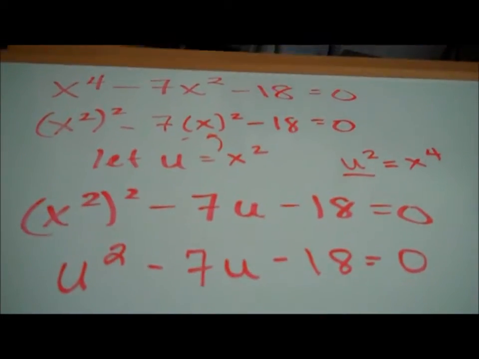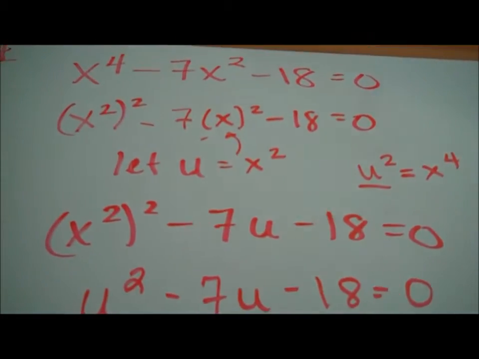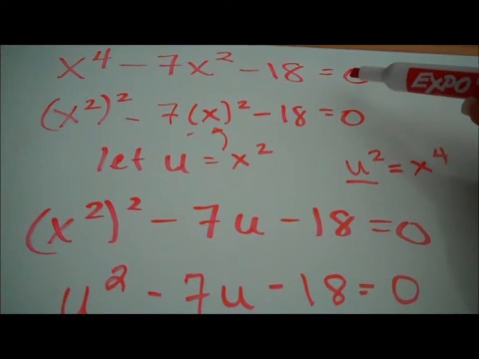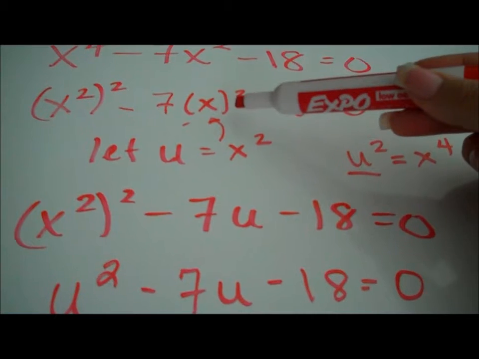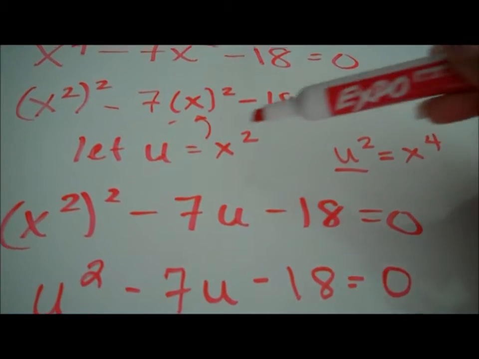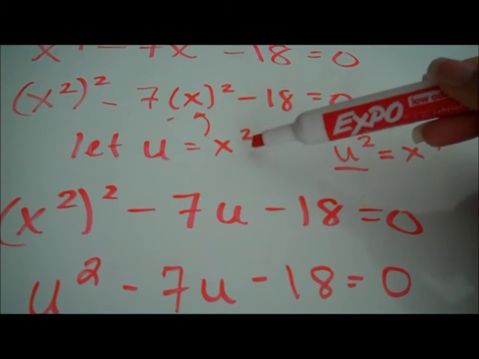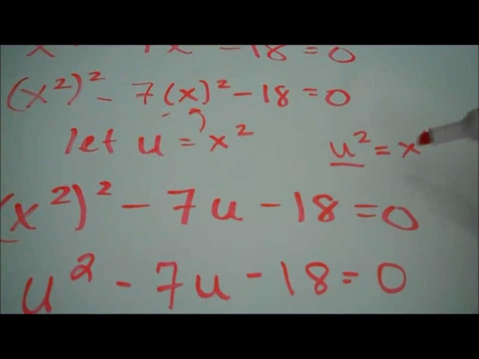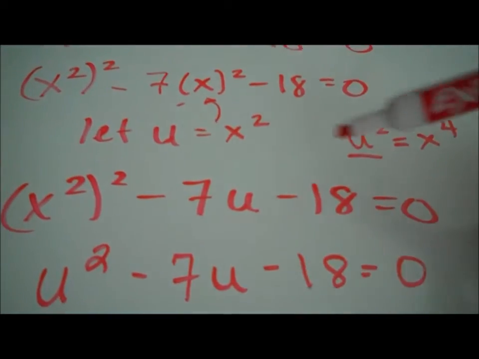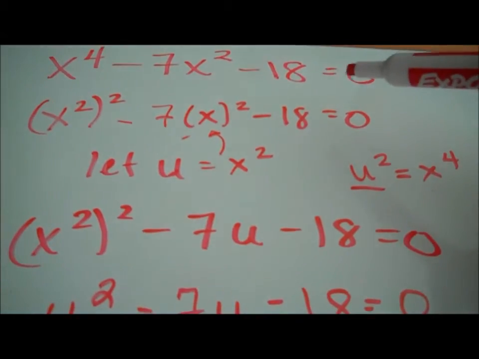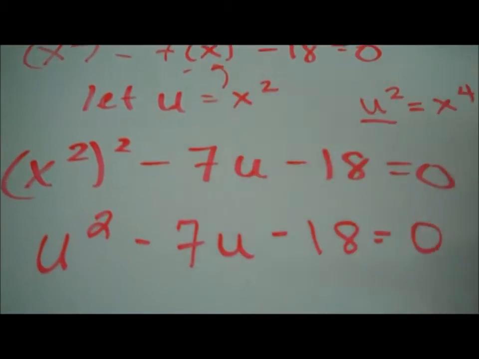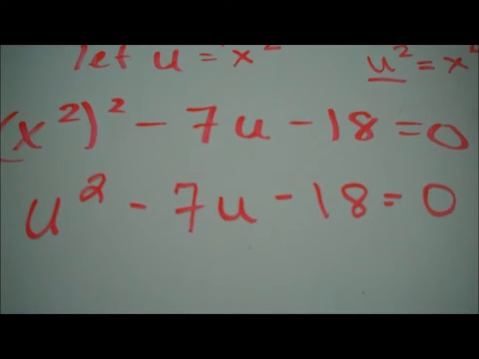Okay? So notice how I got it from a quartic all the way up here at the top just by substituting u in for the x squared, squaring the u, squaring the x squared to get u squared equals the x to the fourth. I was able to substitute into the original equation using my u's to get it down to a quadratic.